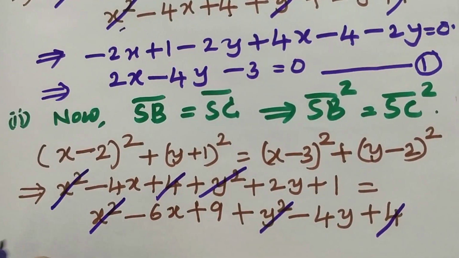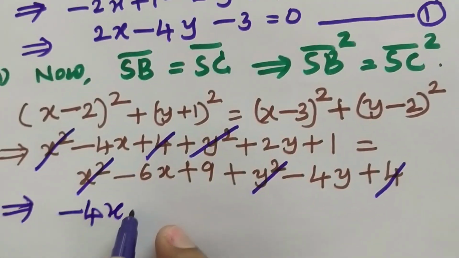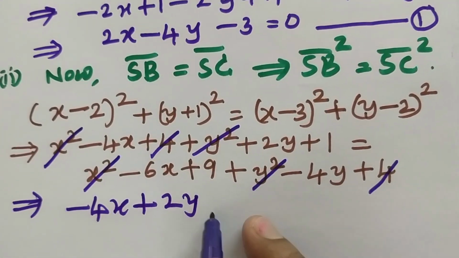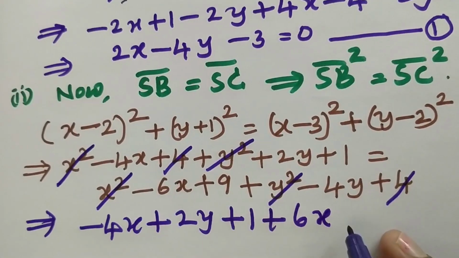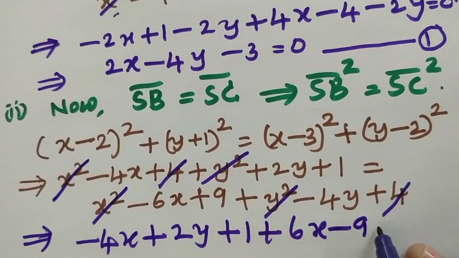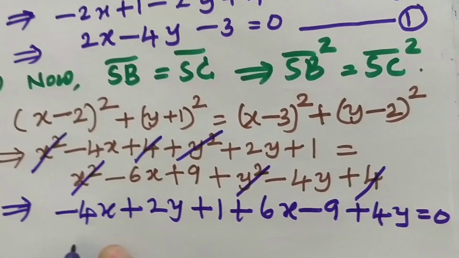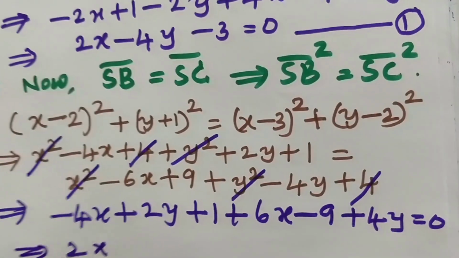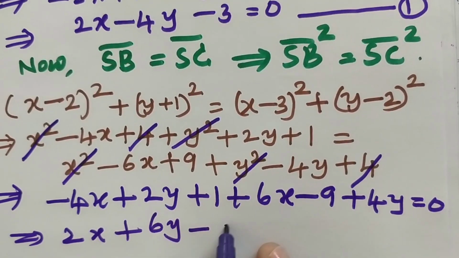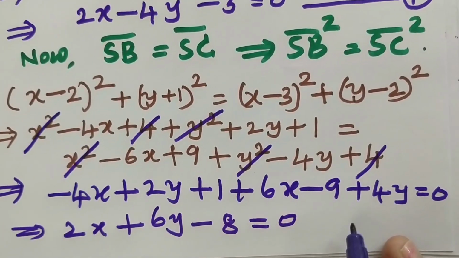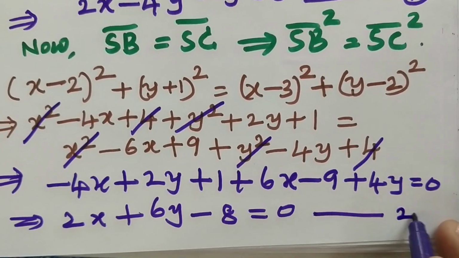Then the remaining you take on one side. That is -4x + 2y + 1, -6x becomes +6x, -9 + 4y is equal to 0. That is 2x + 6y - 8 is equal to 0. Say it as the second equation.